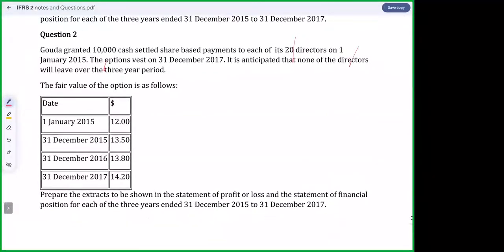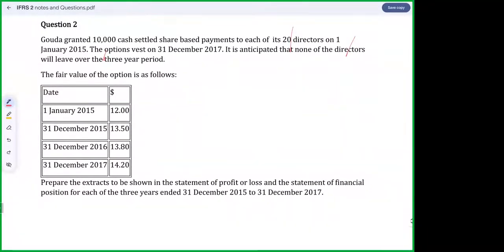So question number 2. Gouda granted 10,000 cash settled share-based payments to each of its 20 directors on 1st January 2015. You see, this is the grant date. The options vest on 31st December 2017.